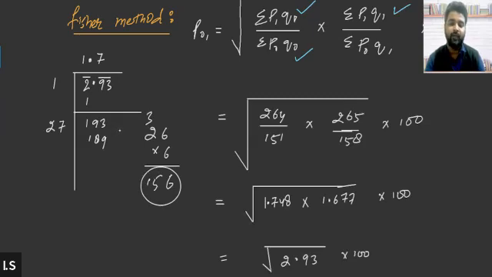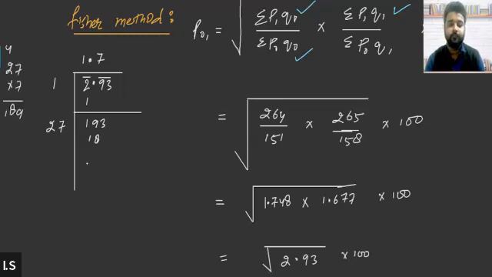You have to find a multiple which is closer to 193 or exactly equal to 193. It should not be more than 193 or very much less than 193. Yes, sir. You can take any number.